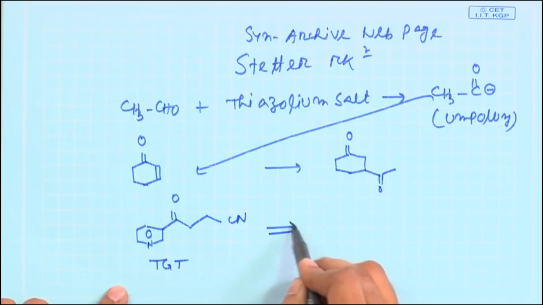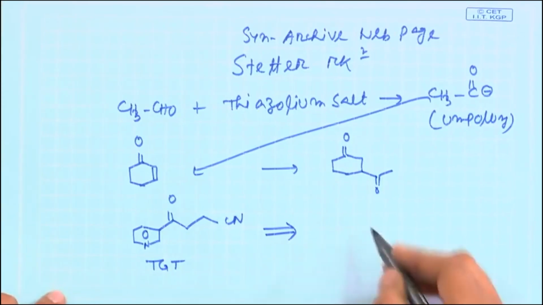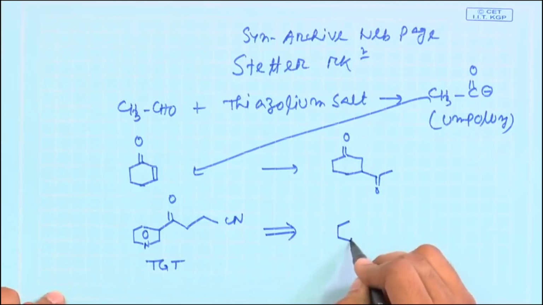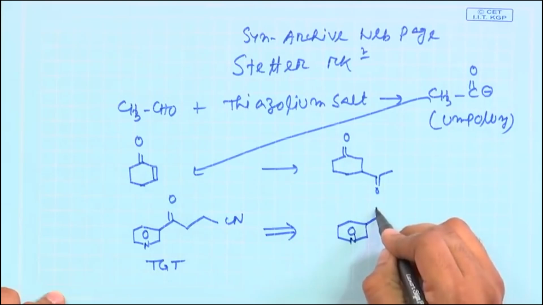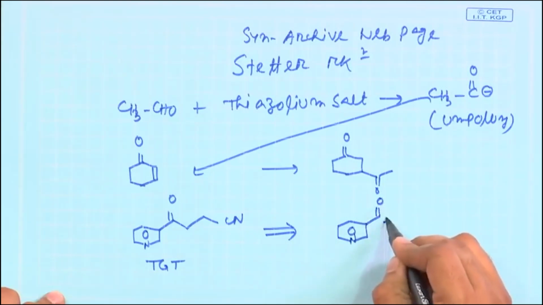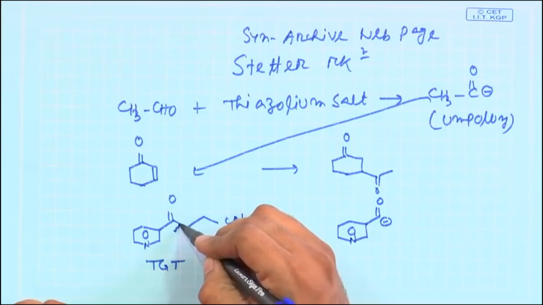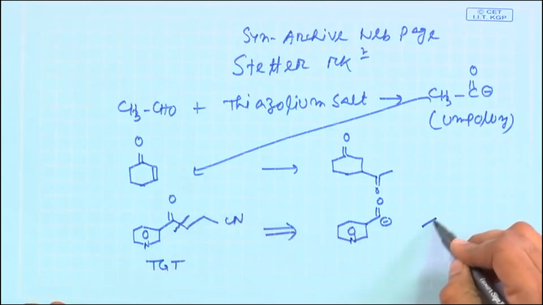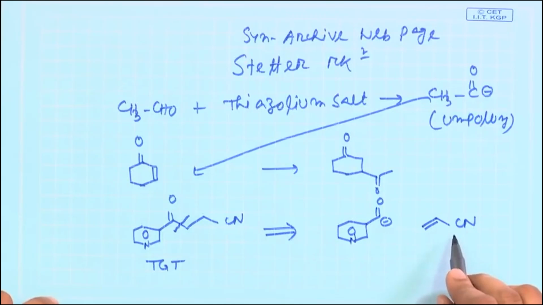Then, as I said, the Stetter reaction is a good way to generate an umpolung carbonyl nucleophile. So, you can just disconnect this molecule as this. Now, this part you have to formulate as a Michael acceptor, you can use acrylonitrile.